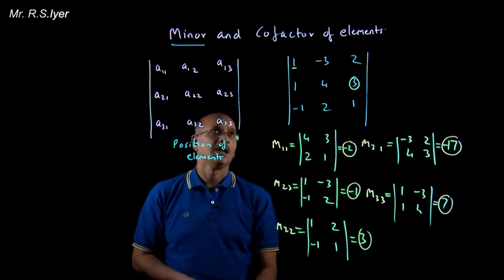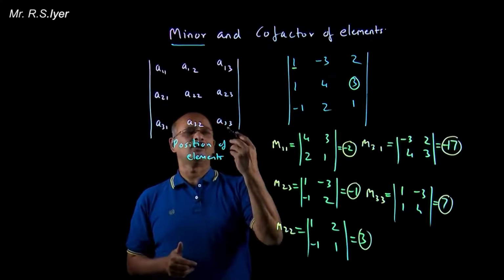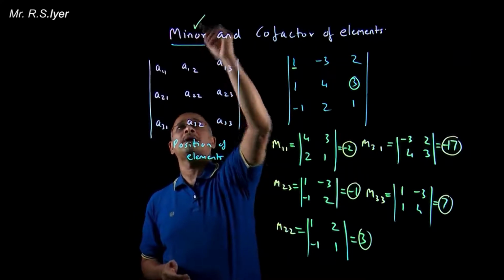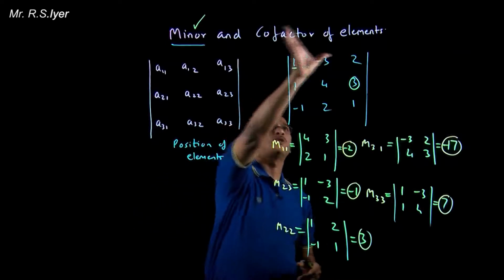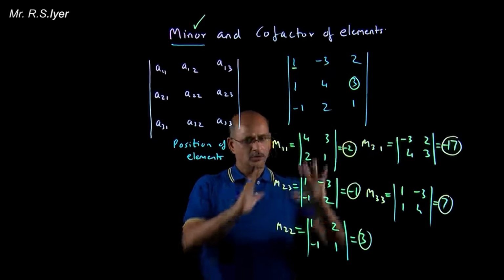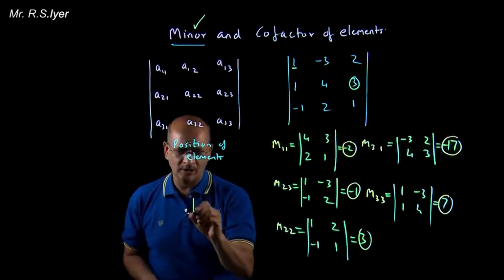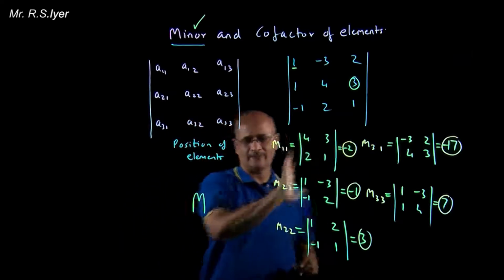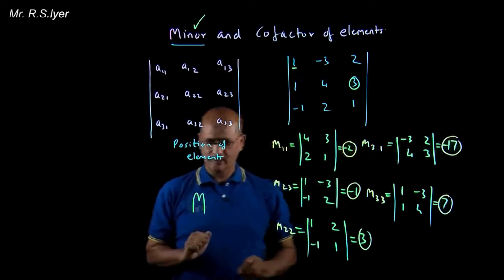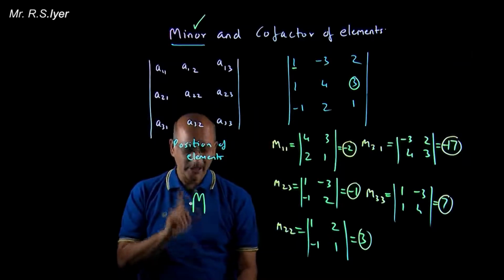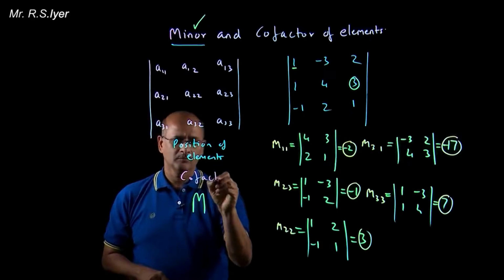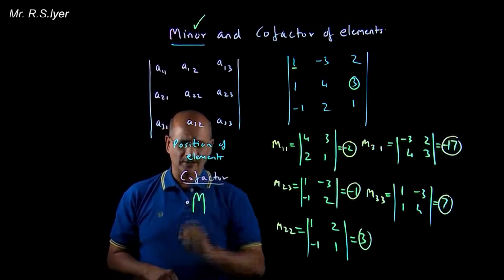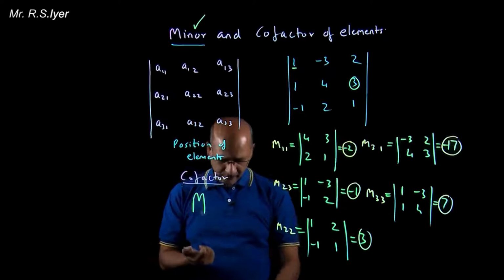Now I understood what a minor is. Now I will tell you what a cofactor is. You know how to find the minor. You got the minor, which I denote as M of any position. Now I am talking about the cofactor.